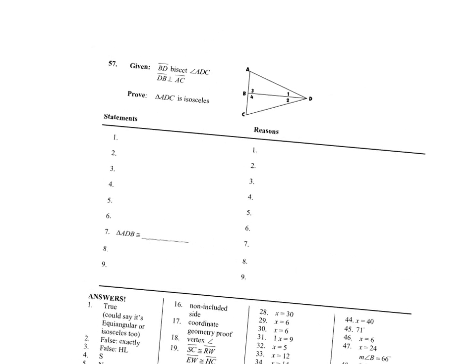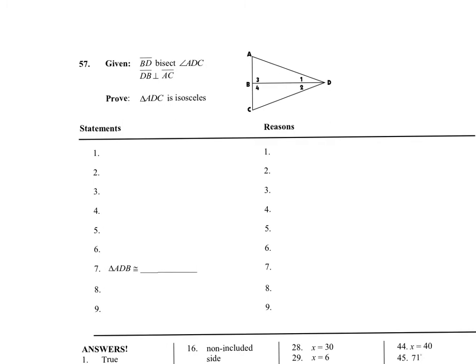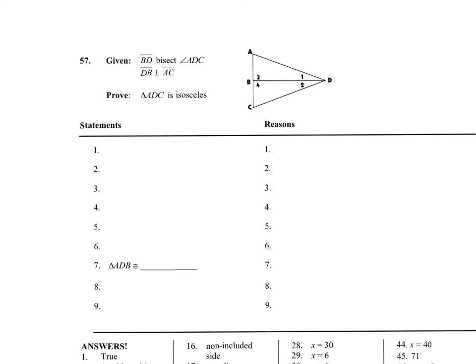If we take a look at this last one here, we are asked to prove that triangle ADC is isosceles.